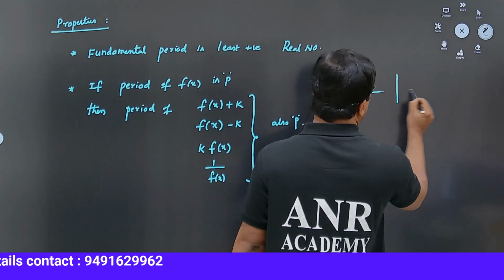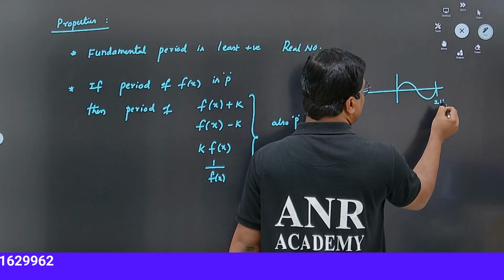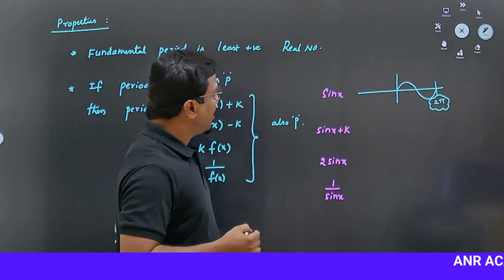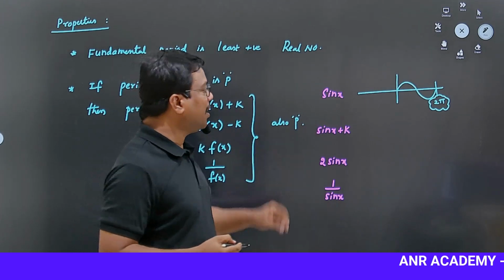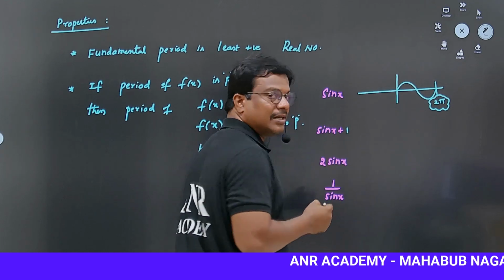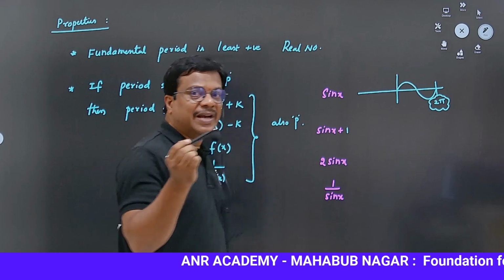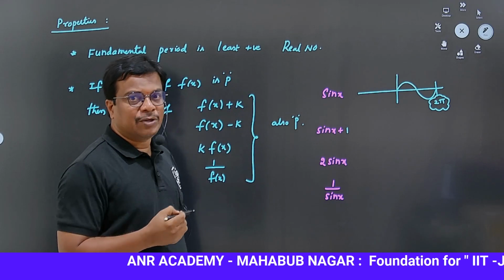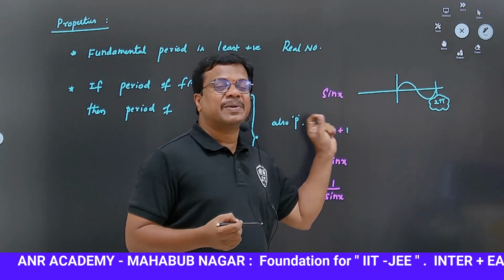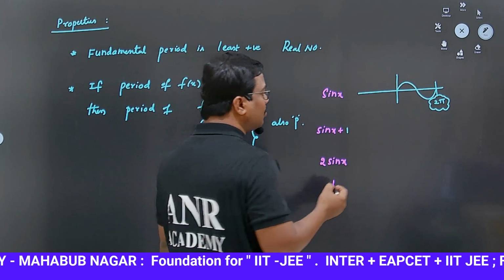You know the graph of sin x, and the graph repeats at x equal to 2 pi, and this is known as the fundamental period. When you have sin x plus some constant, suppose that constant is 1, what happens? The sin x value always lies between -1 and +1. When you add 1, sin x plus 1 lies between 0 and 2.